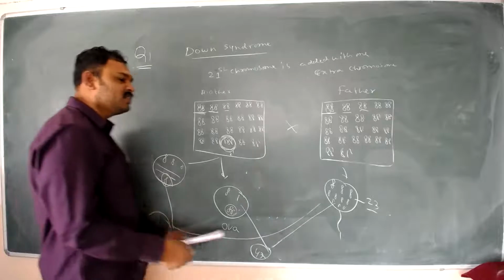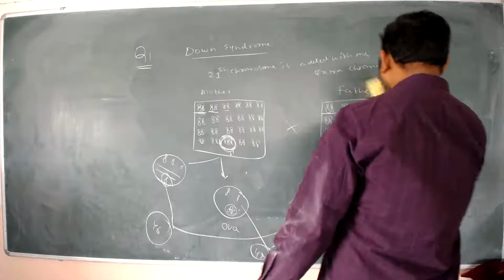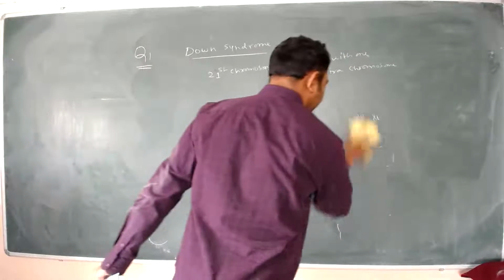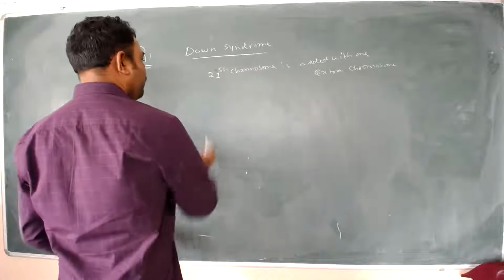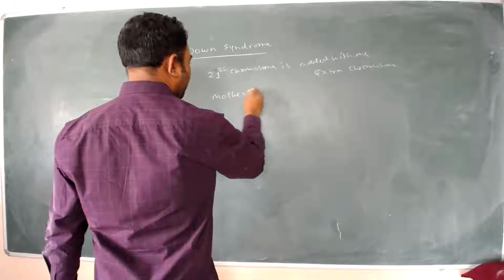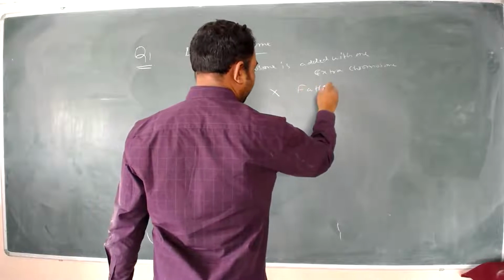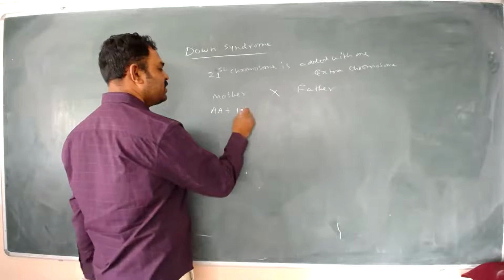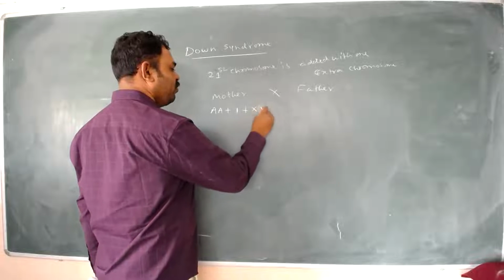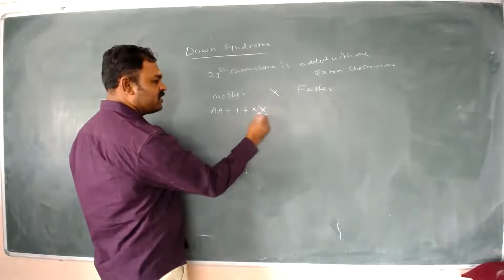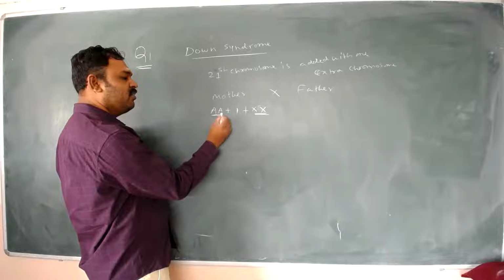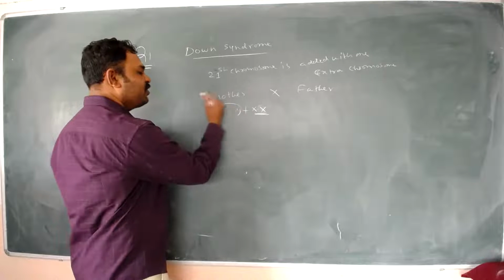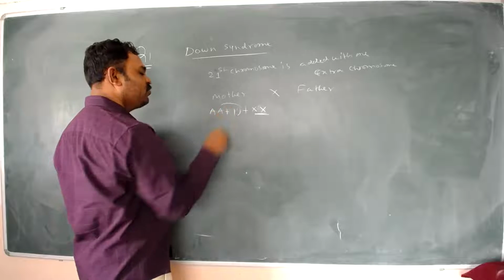What is the simple way to see it? The offspring will have 47 chromosomes, autosomes and sex chromosomes. Mother, what is the configuration? A plus 1 plus XX. The autosomal set is added with one extra chromosome, hence we write A plus 1.